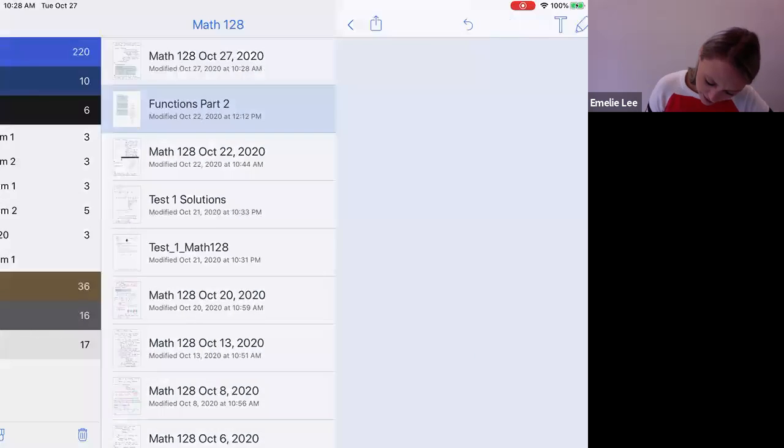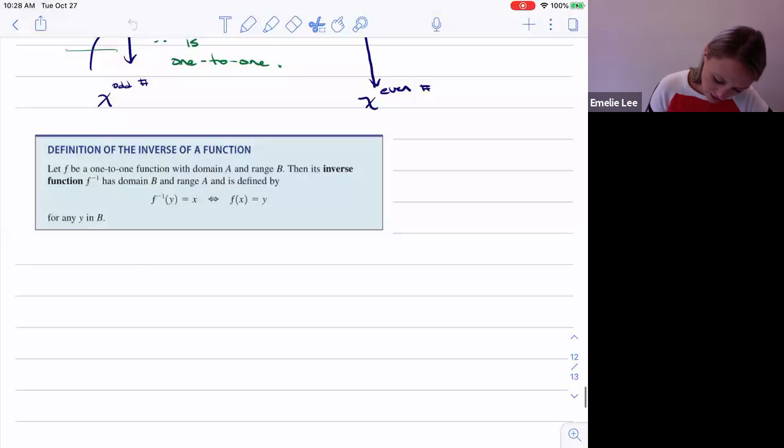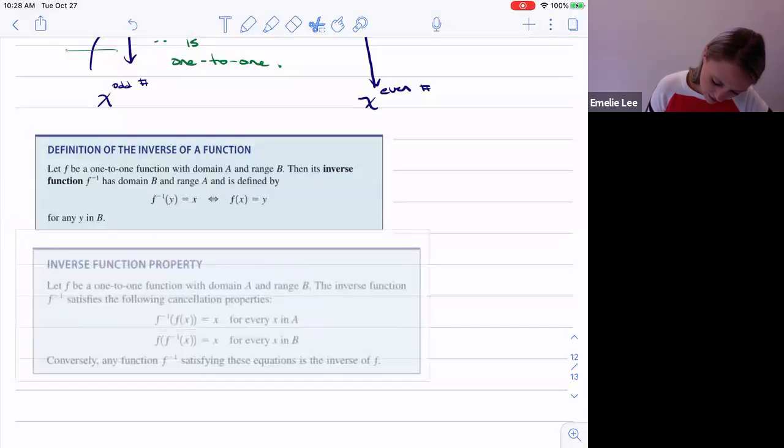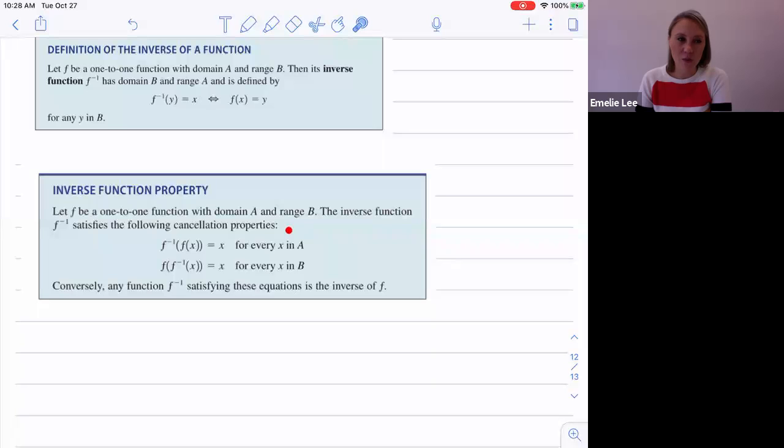So here is where we start and say, okay, if we found an inverse, so if f is one-to-one with a domain A and range B, the inverse function satisfies the following cancellation properties. The inverse evaluated at the original function has to give x.